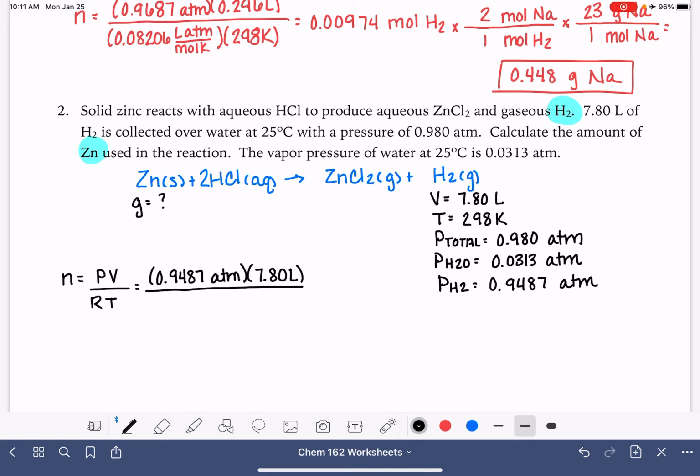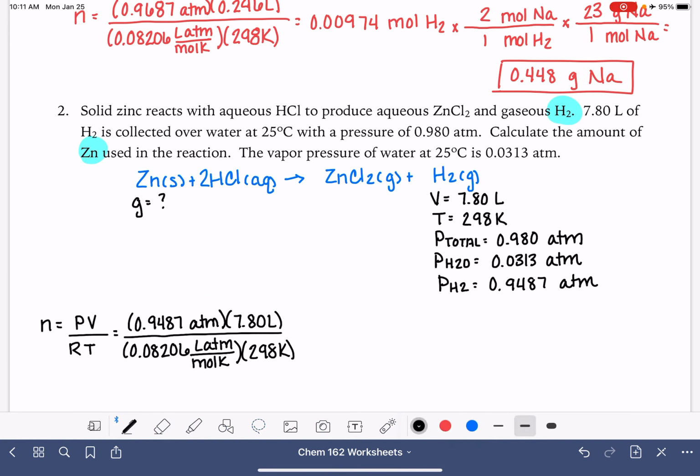The value of R, 0.08206 liter atmospheres per mole Kelvin, and the temperature 298 K. This is going to give us the number of moles of hydrogen gas. 0.9487 times 7.8 divided by 0.08206 times 298. This is 0.3026 moles of hydrogen.